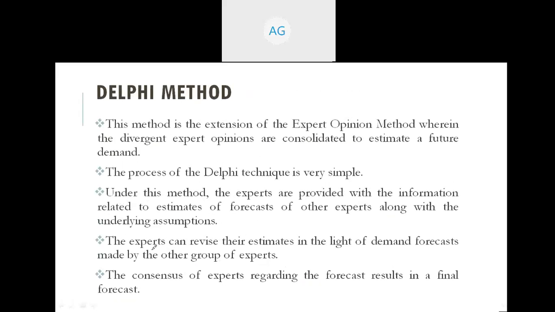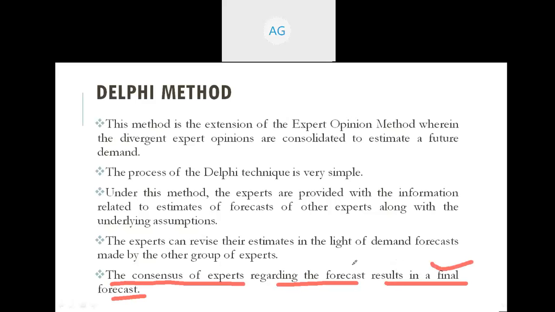So at last, in the Delphi method, the consensus of experts regarding the forecast results in the final forecast. So in this method, a group of different experts are organized, and the first group of experts then analyzes the result of the second group of experts, and based on this, they even change their first analysis report, and based on the analysis reports of different groups of experts, the final forecast is made.